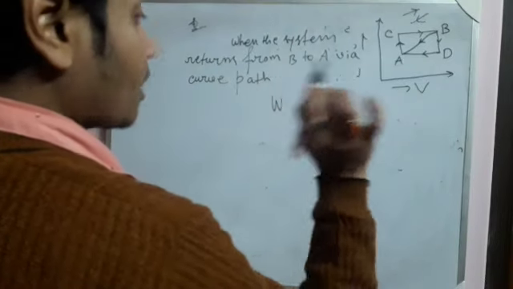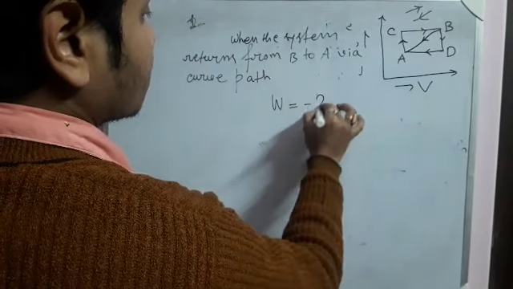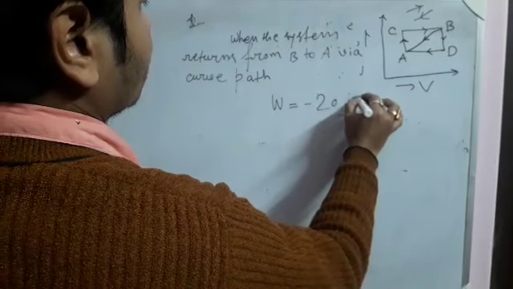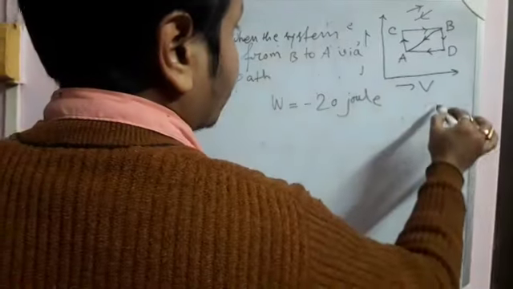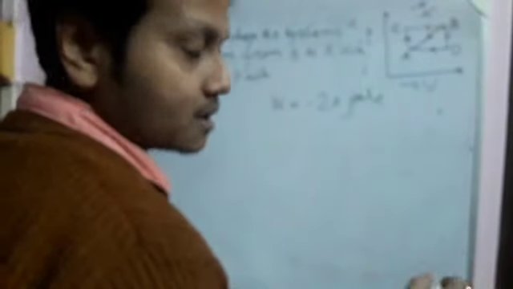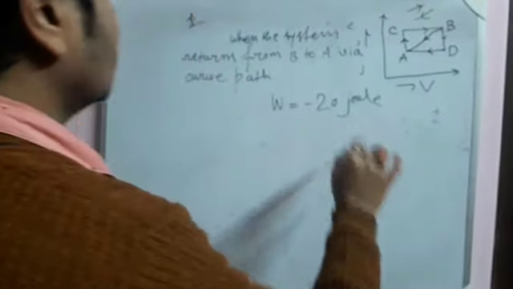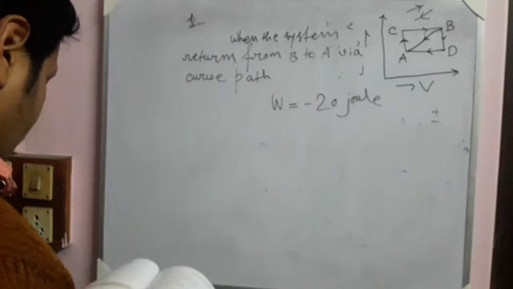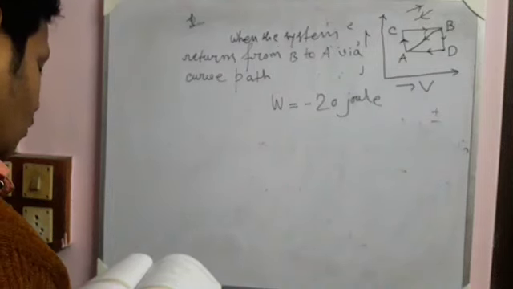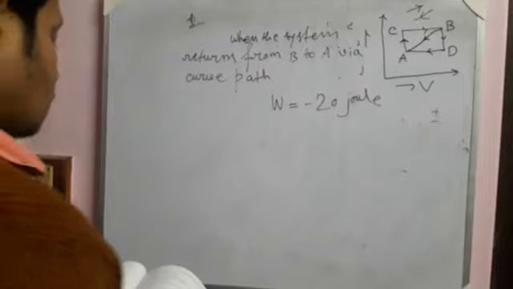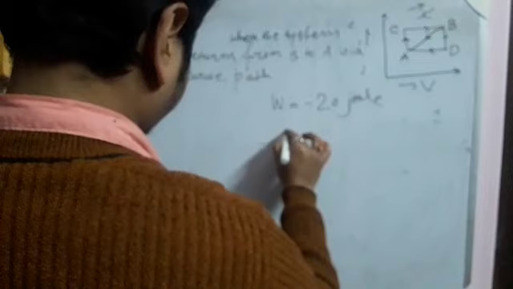Work is done on the system, that means we take minus. Previously I told that when work is done by the system we take it positive, and when work is done on the system we take it negative. So here W is negative, and we have to find out whether the system absorbs or liberates heat and how much.